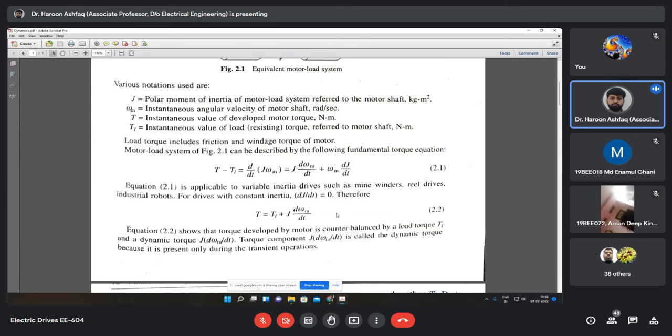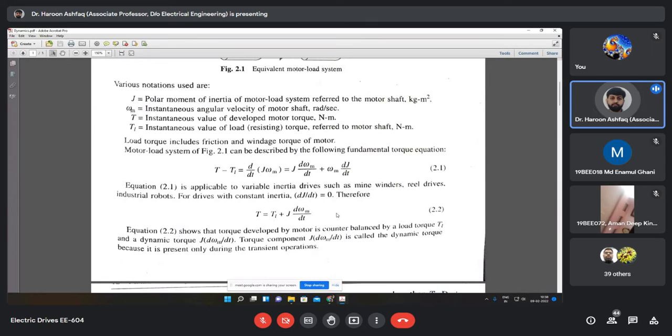And in the next class, we'll be studying how the system is considered to be stable in certain conditions using the speed torque characteristics of that motor load system.